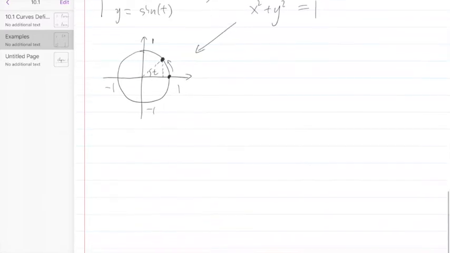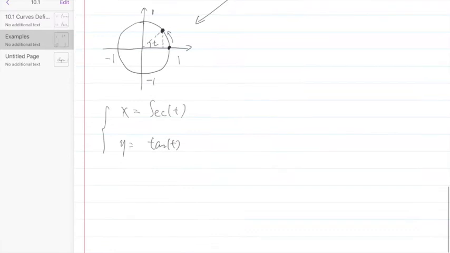From here you can see it's kind of tricky. Can you do something similar? Well, if x equals secant t, and y equals tangent t, do you know a trig identity?